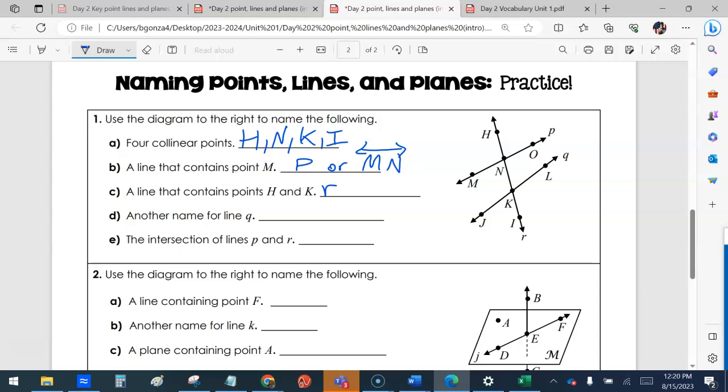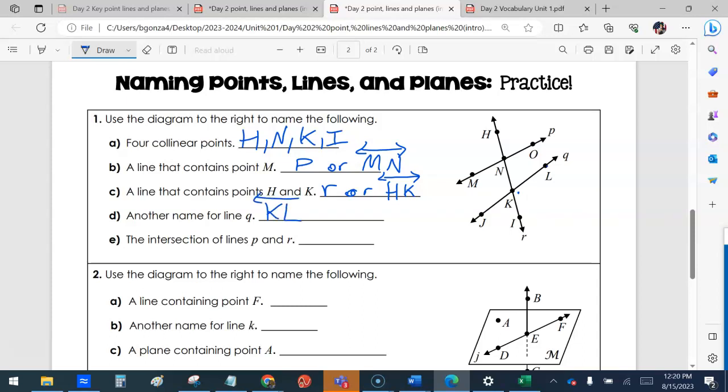Line P or line MN. Okay, a line that contains points H and K. Well, if it contains H and K, guess what? HK is also the name of this line right here. All right, letter D, another name for line Q. Well, I just need 2 letters on line Q. I heard KL, K and L are both on it.